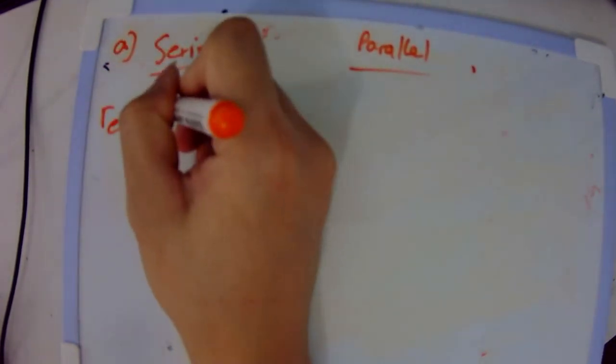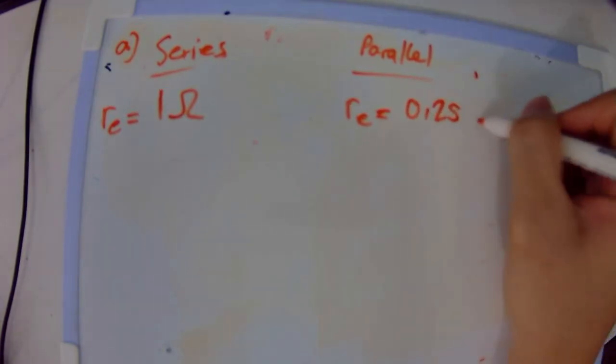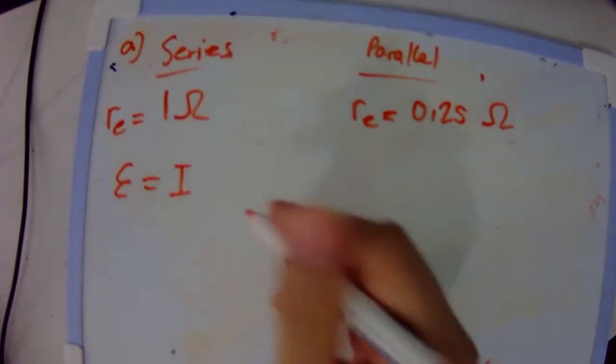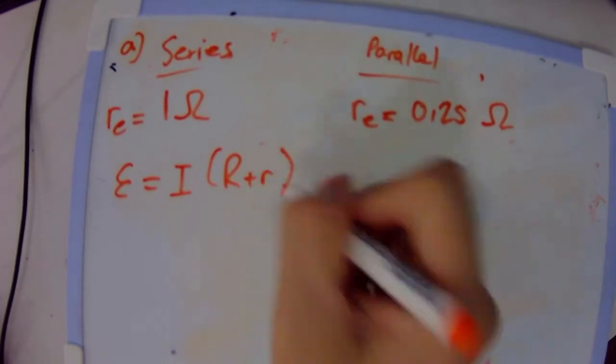So I'm going to erase most of this. We know that for the series one, the internal resistance is 1 ohm, and over here the effective internal resistance is 0.25 ohms. So how do we calculate the current? We know that E equals I, being current, times (R plus r).